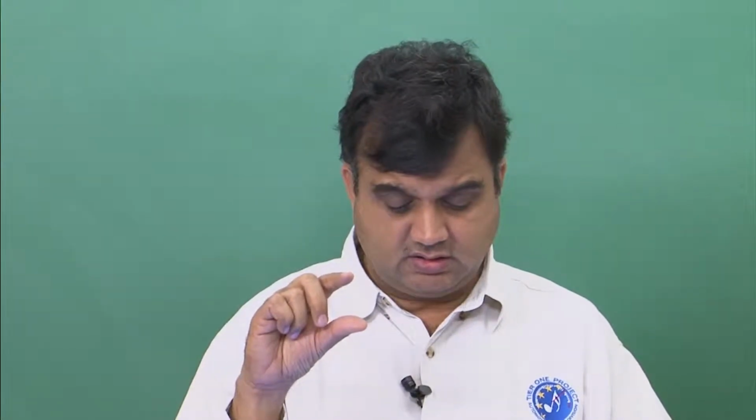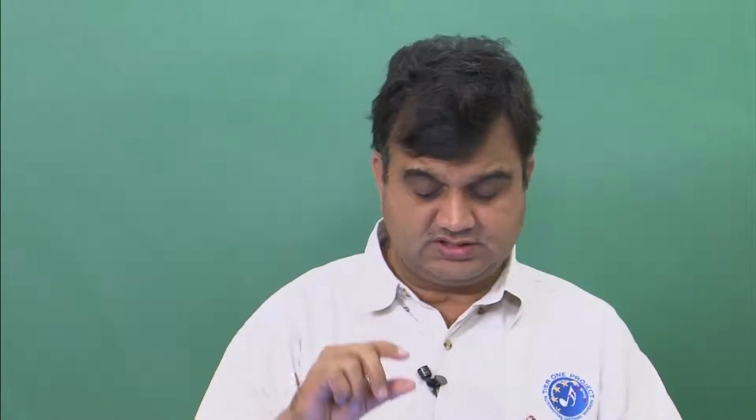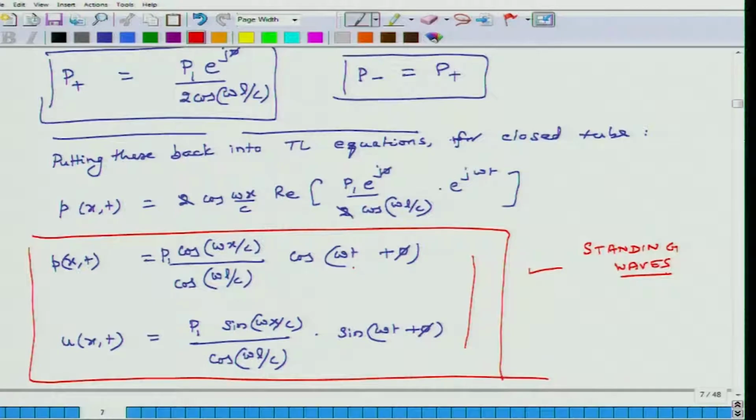And the last comment is that because these are standing waves, what it means is that the amplitude of the motion at a given value of x is not P1. What do I mean? See, the amplitude of this cosine term, let's look at the pressure equation, is 1, because time could vary anywhere from positive infinity to negative infinity.